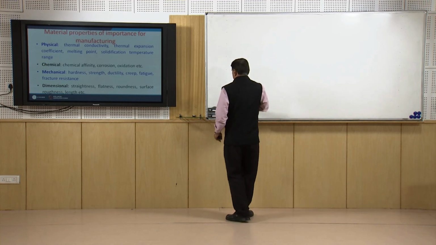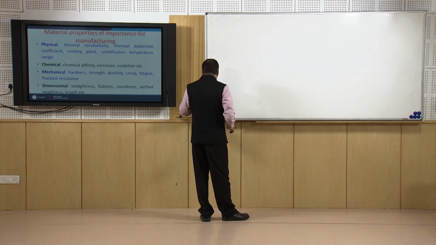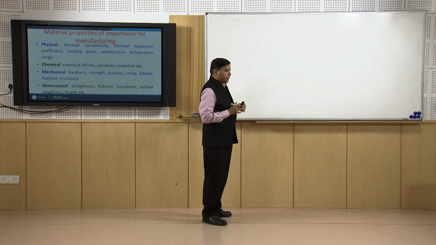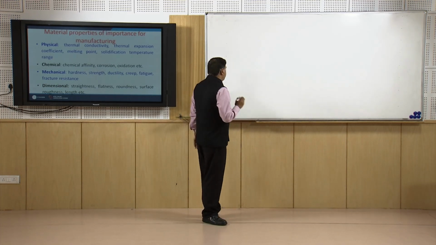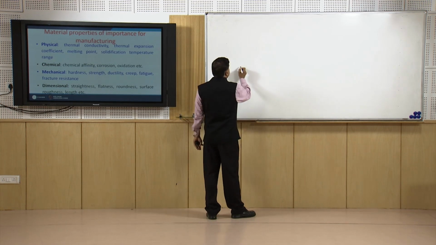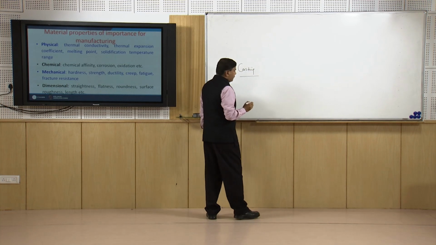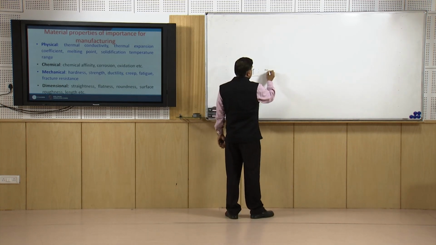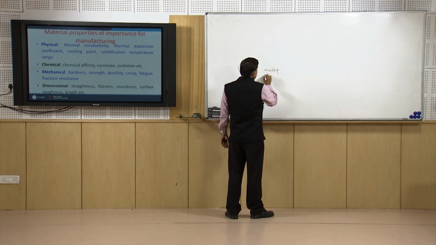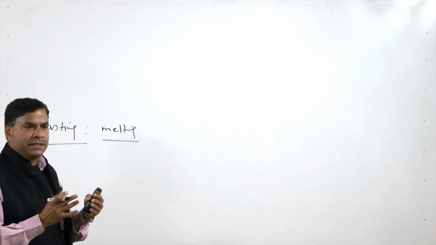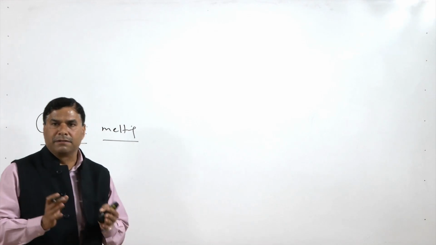Now we'll be seeing the properties that matter a lot for making using a particular process. So, starting with casting. We know for casting what is important is the melting of the material; when material is brought to the molten state, it will interact with the gases, and it will solidify.